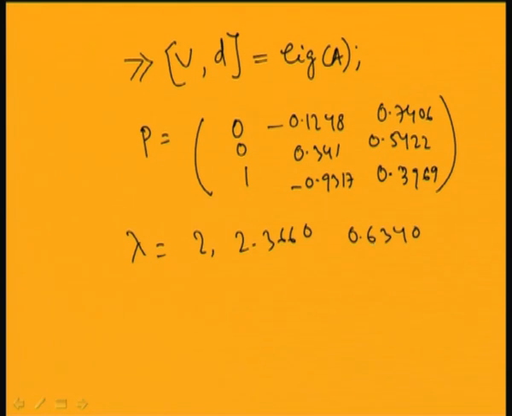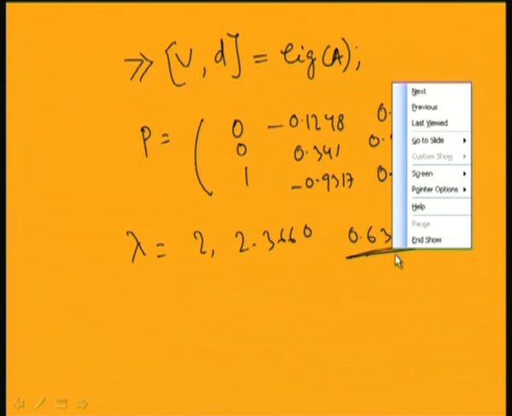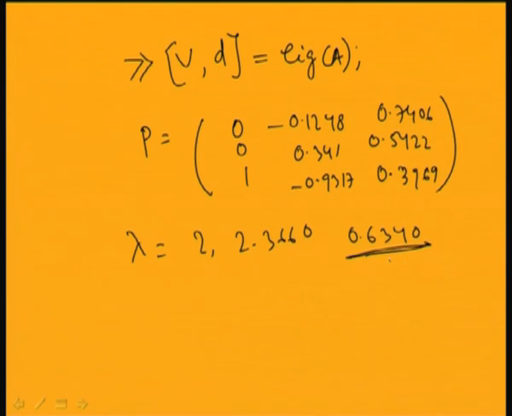From this you can see that 0.6340 is the minimum eigenvalue, corresponding to the first normal mode frequency, then the second normal mode frequency, and then the third. In this way, by using MATLAB also you can find the modal matrix of the system.